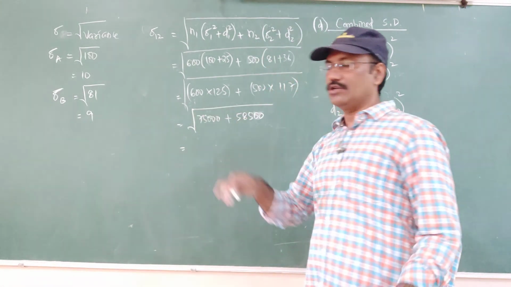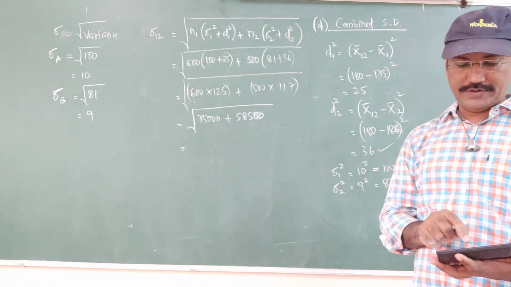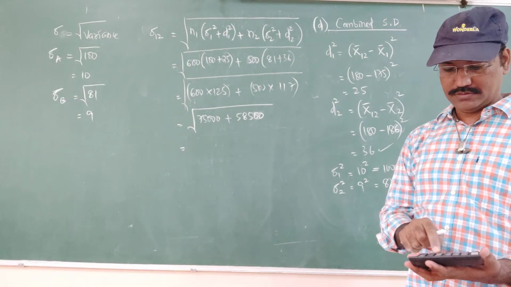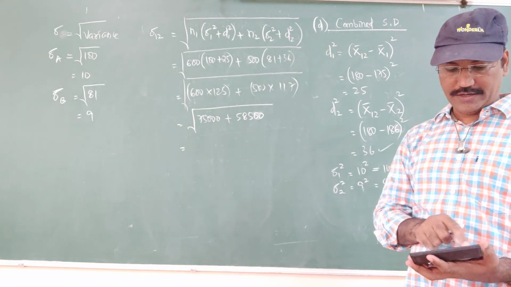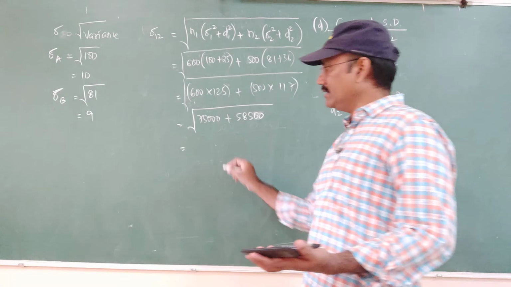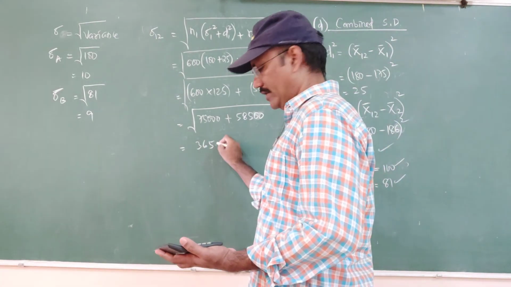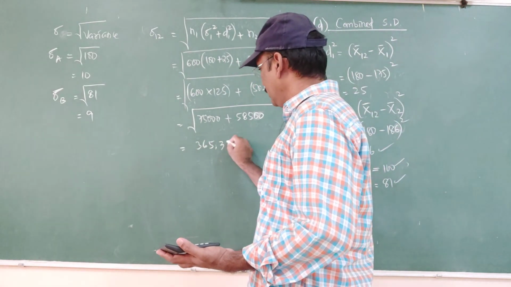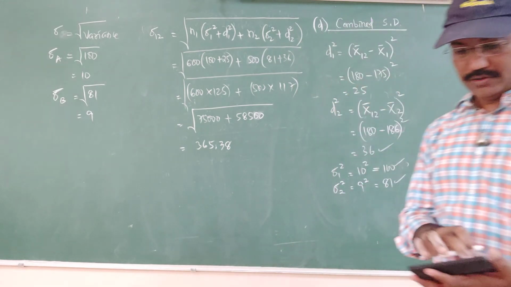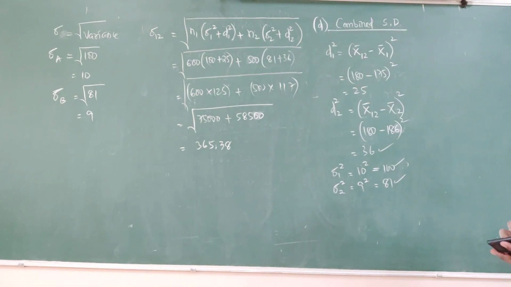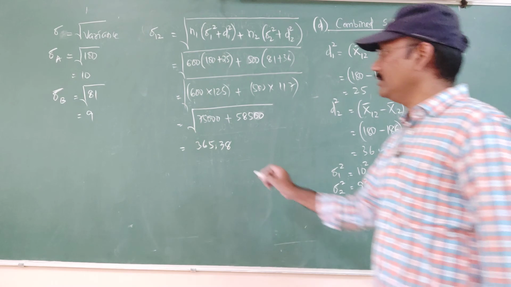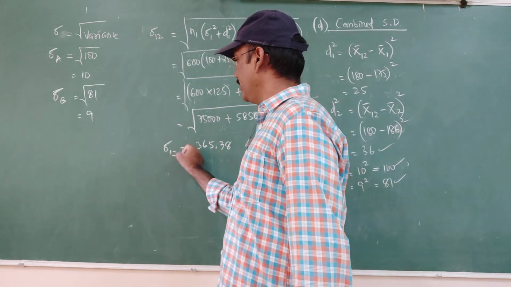So add these two and remove the root: 75,000 plus 58,500, its root is 365.38. So this was your combined standard deviation.